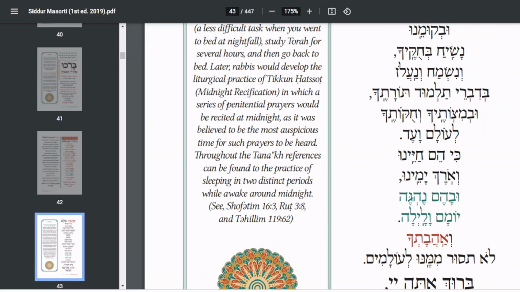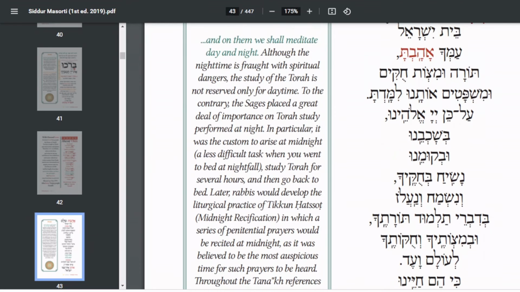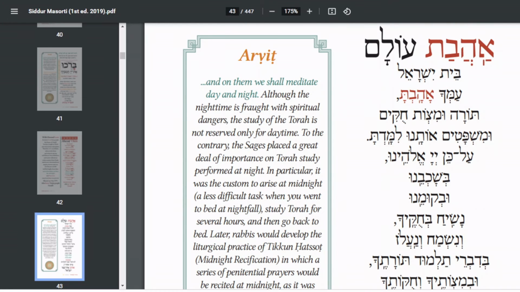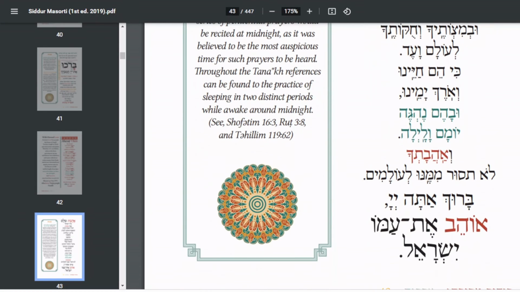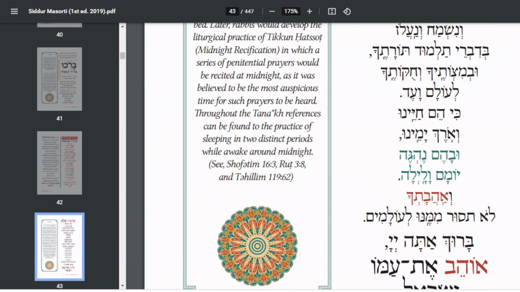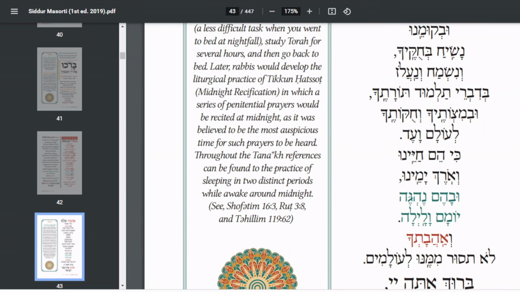And let's look here. This is on the next page. We've got Ahavat Olam, and further down that page, we've got, whoops, where did it go? Le'olam va'ed. To olam.